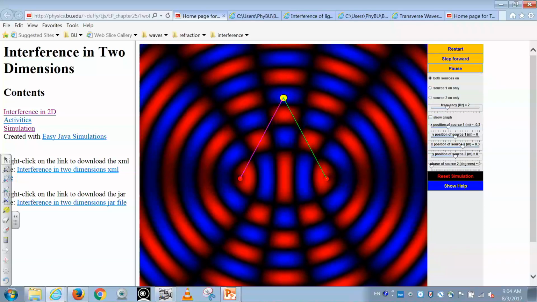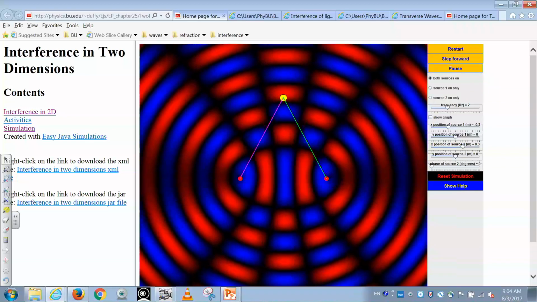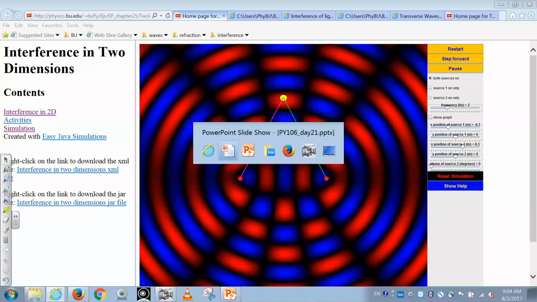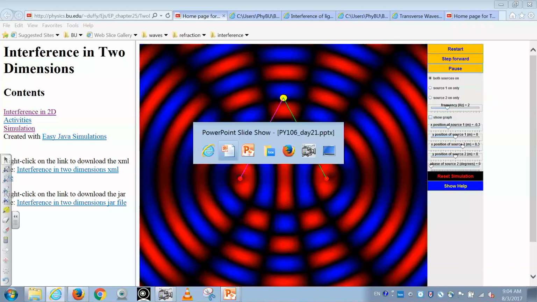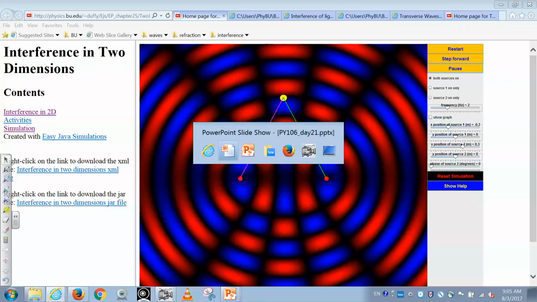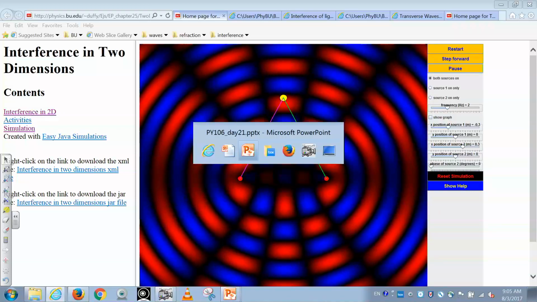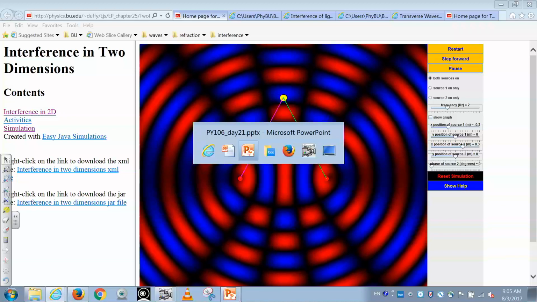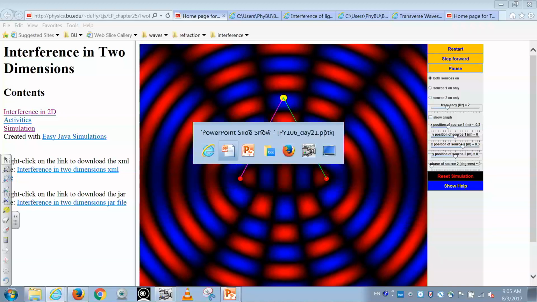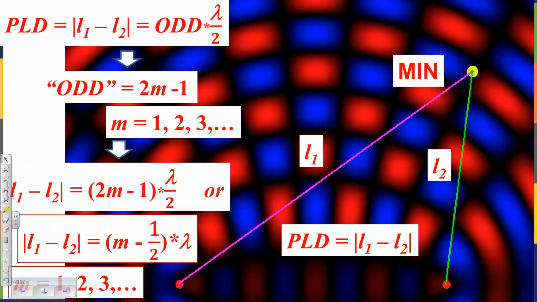In that case, our eye just registers some average intensity, which again, the color of what we see depends on the light we will use. If we use a red light, we're going to see red maxima. If we use blue light, we're going to see blue maxima. If we use green light, we're going to see green maxima.